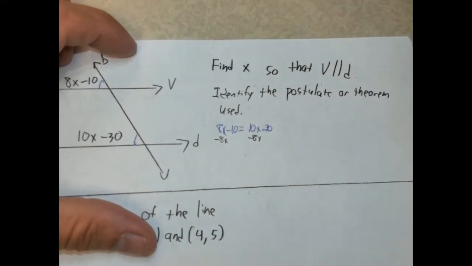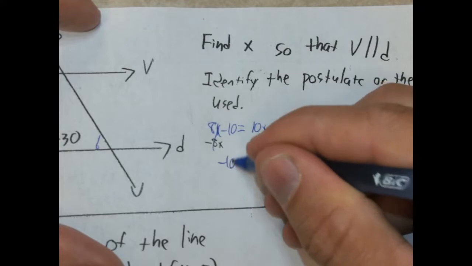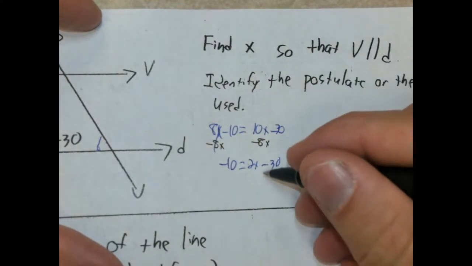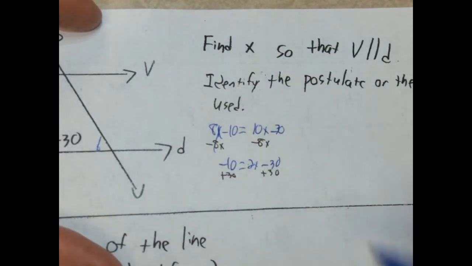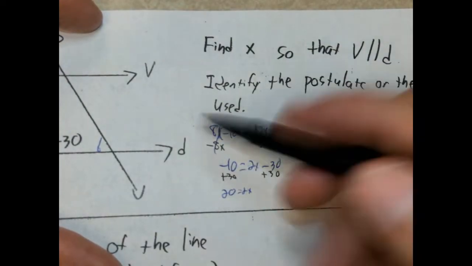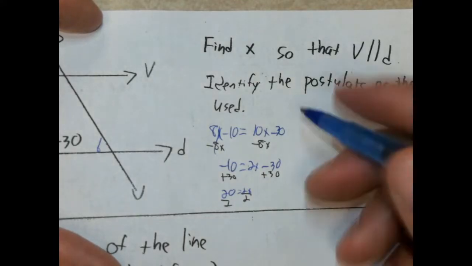So it's a little easier to see that. Negative 10 equals 2x minus 30. We're going to add 30 to both sides. And negative 10 plus 30 is going to be 20, equals 2x. Divide both sides by our coefficient, which is 2. And x will be equal to 10.